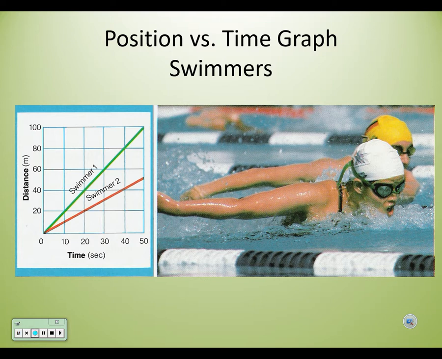So if we have a position versus time graph, it should tell us 2 things: position and time. It should answer where and when, telling us where an object is at a certain point in time.